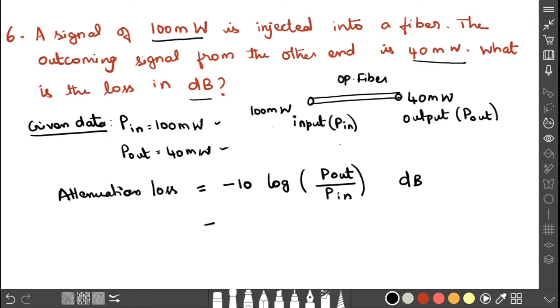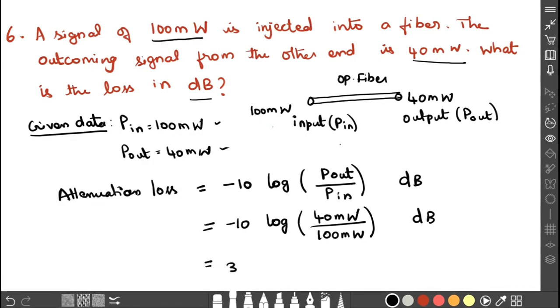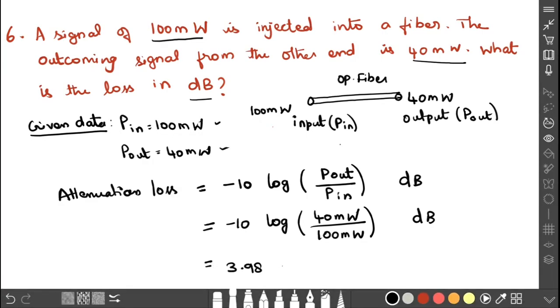Minus 10 log of, what is the P out value? 40 milliwatt divided by the input, 100 milliwatt. We get the answer in decibels. By substituting this in the calculator, we get 3.98 decibels. So this is the attenuation loss.